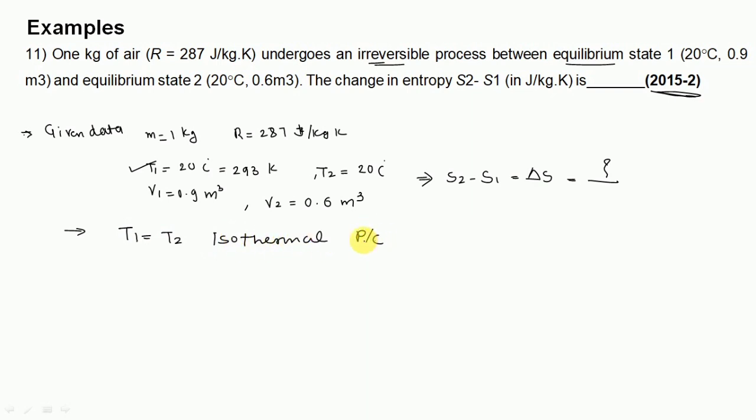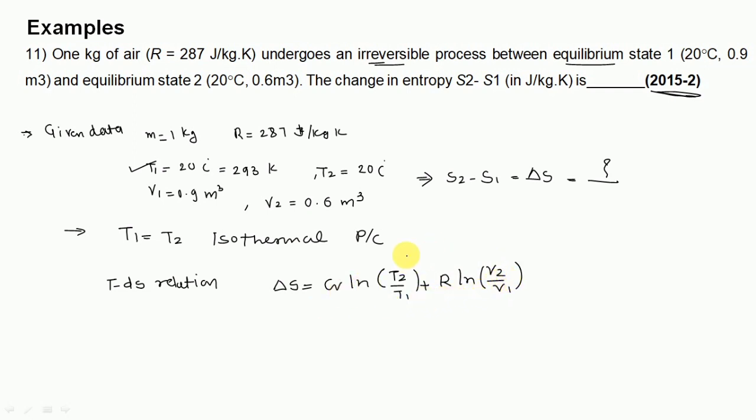So remember the previous slide, where we already discussed the TdS relation and derived the equation delta S is equal to Cv ln T2 by T1 plus R ln V2 by V1. This relation we already derived from the TdS relation.